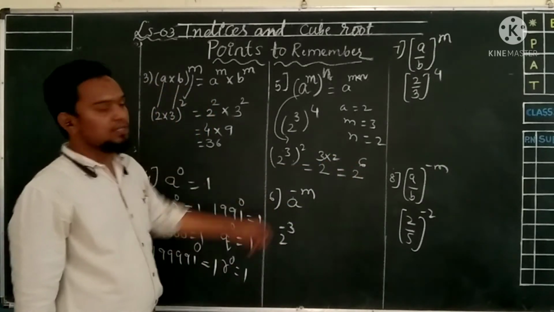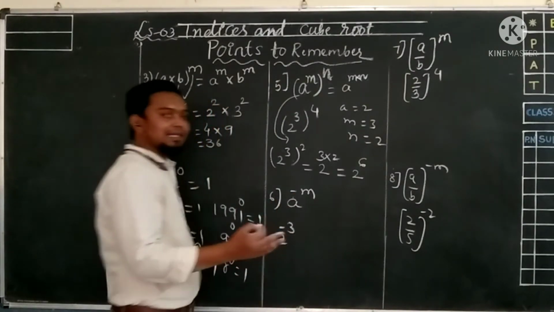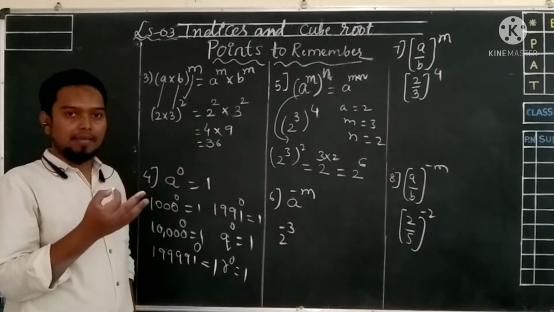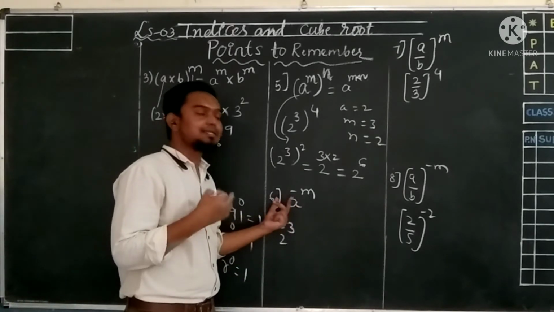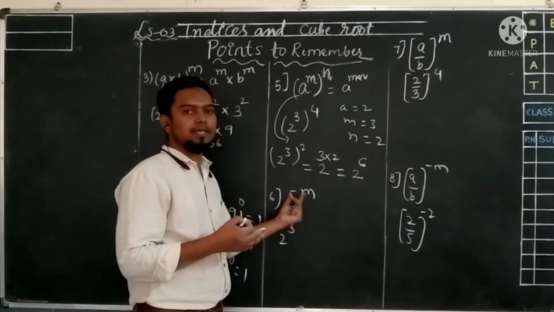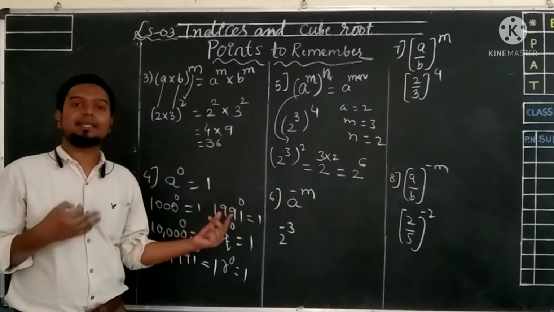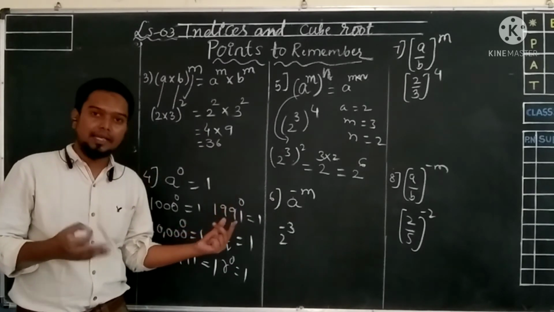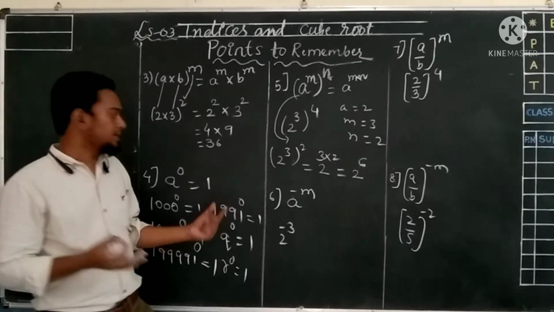Next, the sixth law of indices: a to the power minus m, or a raised to minus m.